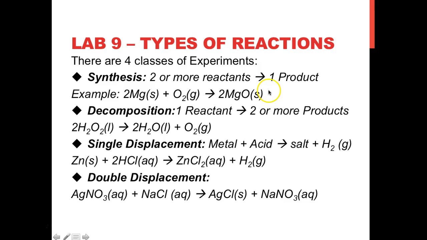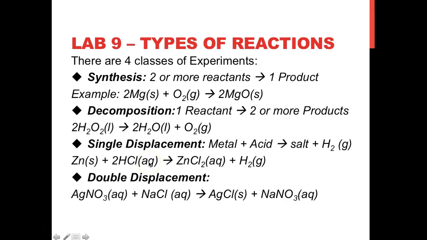And then the other information that you can also get from an equation is the states of the reactants and products. So when you have the parenthesis lowercase s, it's solid. This is a gas. When you see an L, that's a liquid.